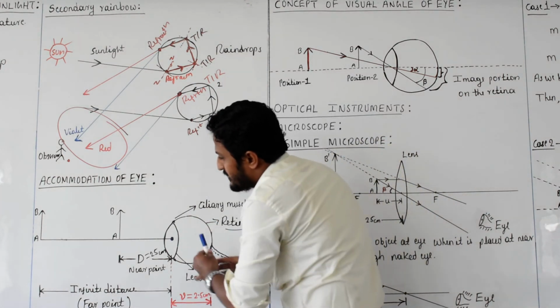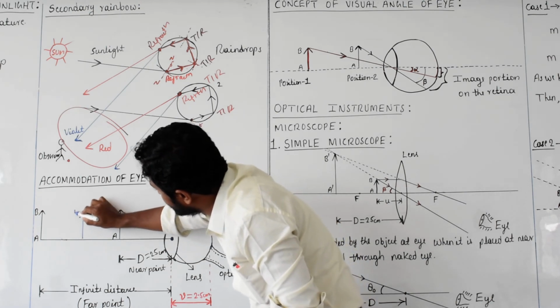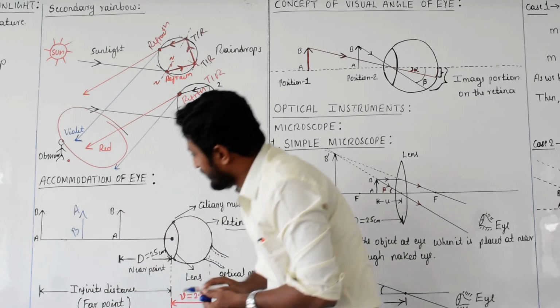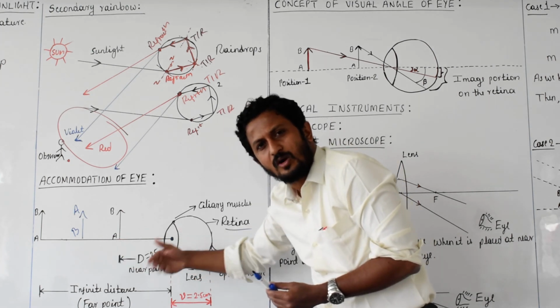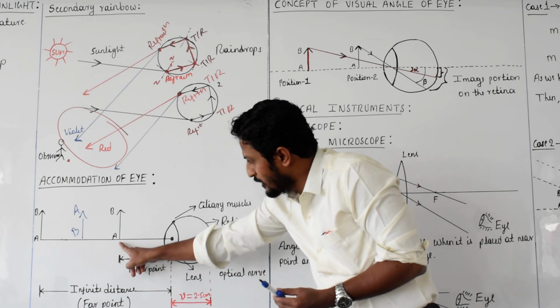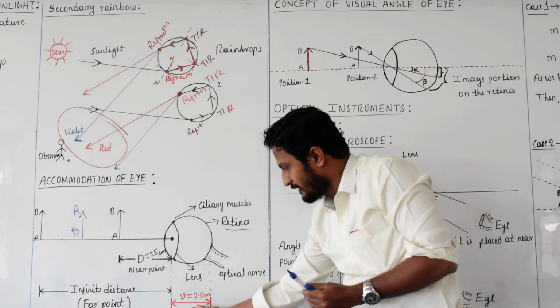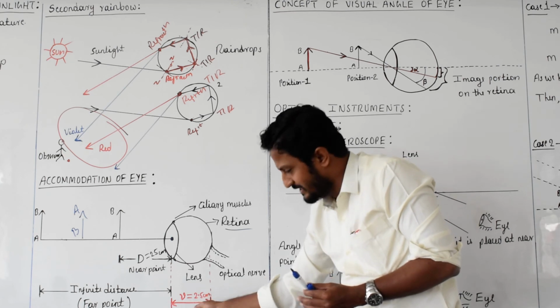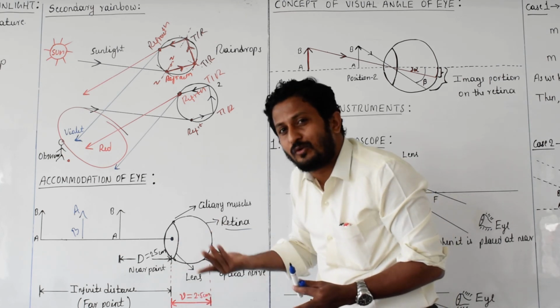Suppose I take the object somewhere here, this is A and this is B. Now what happened? The object distance got changed. Previously the object was here, the image got produced on the retina, the image distance was this much, it is always fixed. At that time the lens has a certain focal length.